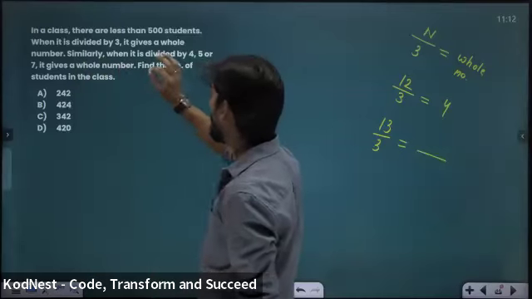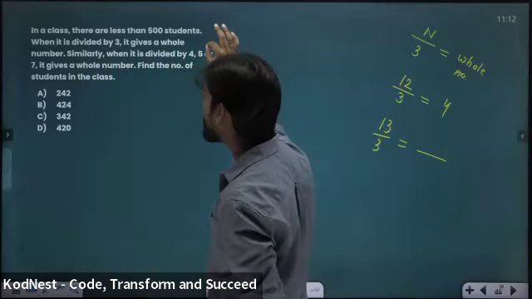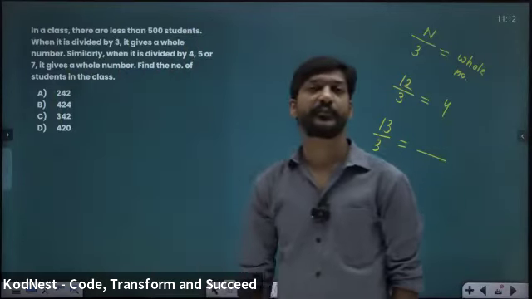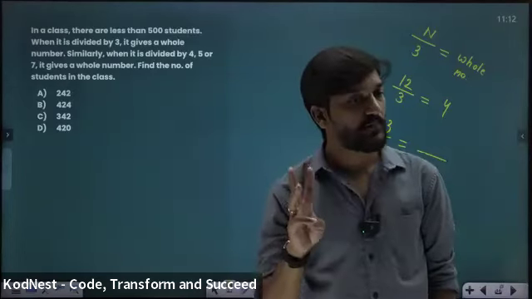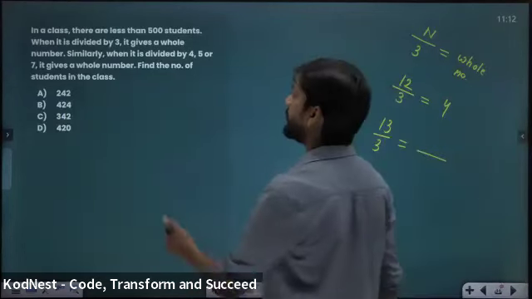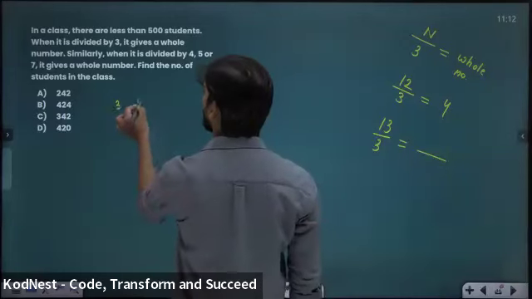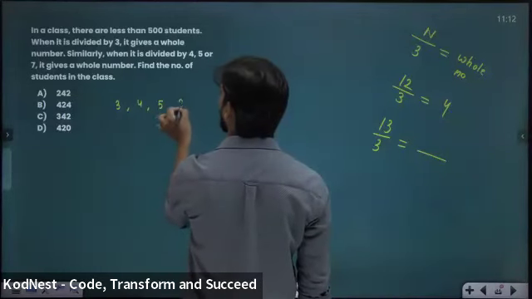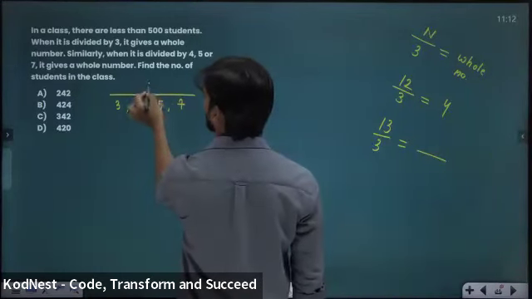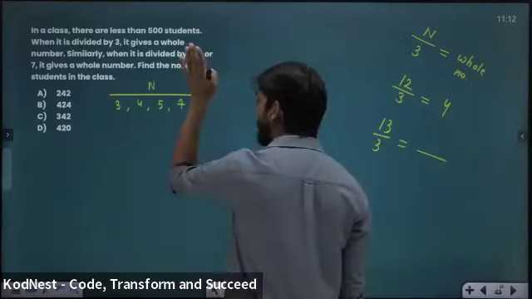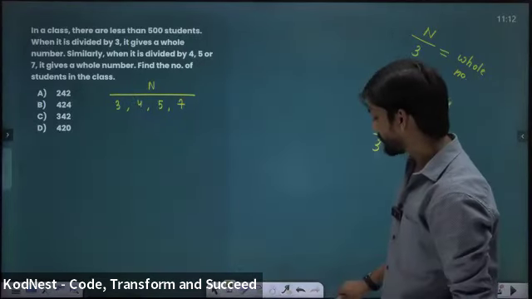It gives a whole number. That means divisible by 4, divisible by 5 and 7. So 4 numbers they have given, divisible by 3, 4, 5 and 7. Number should be divisible by them. That is what they have given.